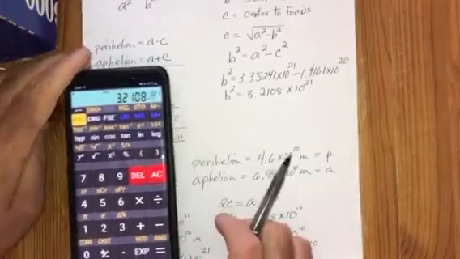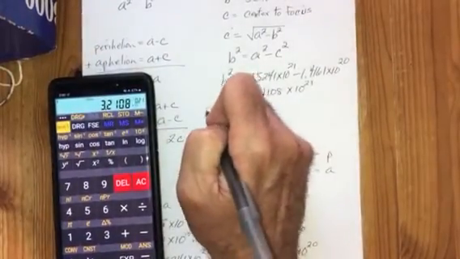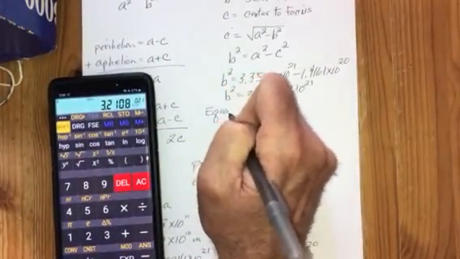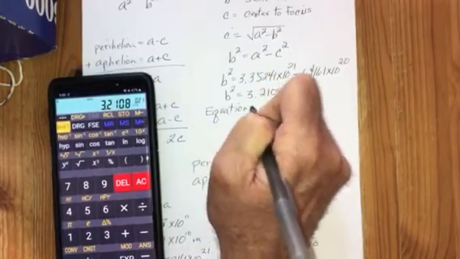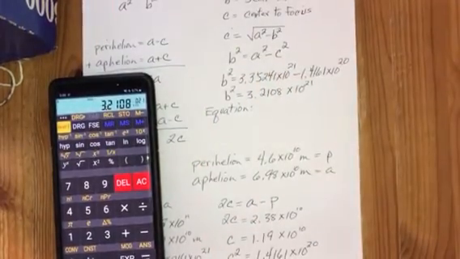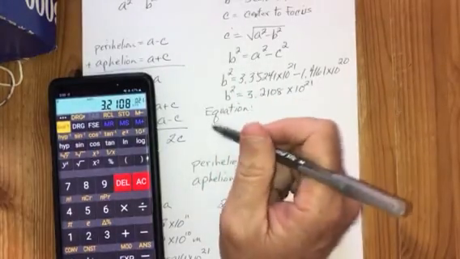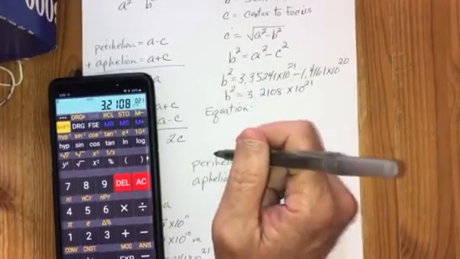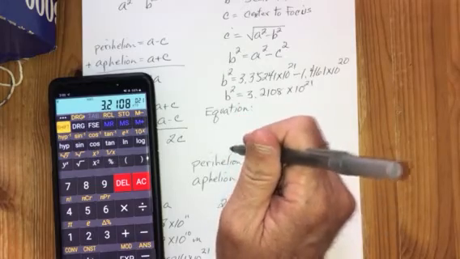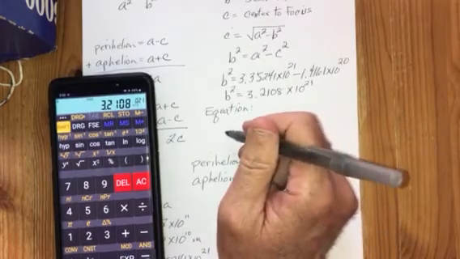So let's put all of those together. So here's where we're going to write the equation. This is the equation of the orbit of Mercury, and this is relative to the center of the ellipse, which is halfway between the perihelion and aphelion.